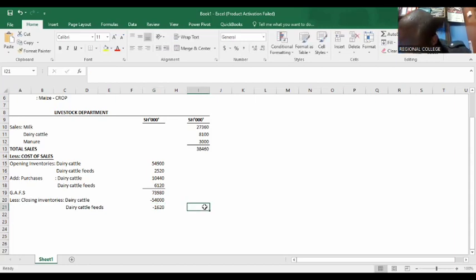And other cattle, bulls. Okay. So for the other cattle bulls, can you try to read note number 5?